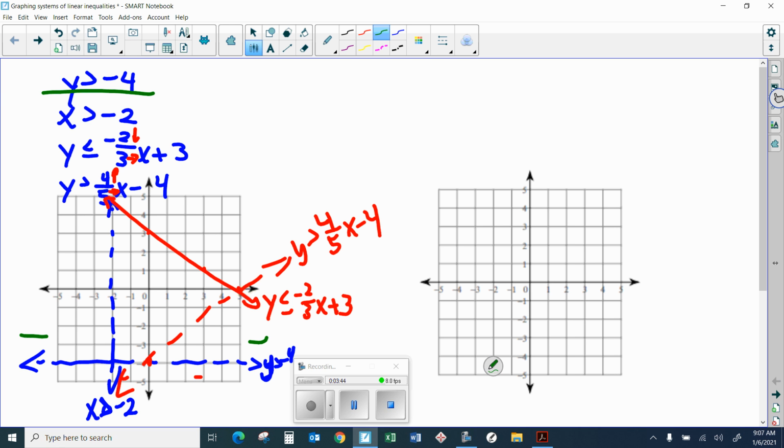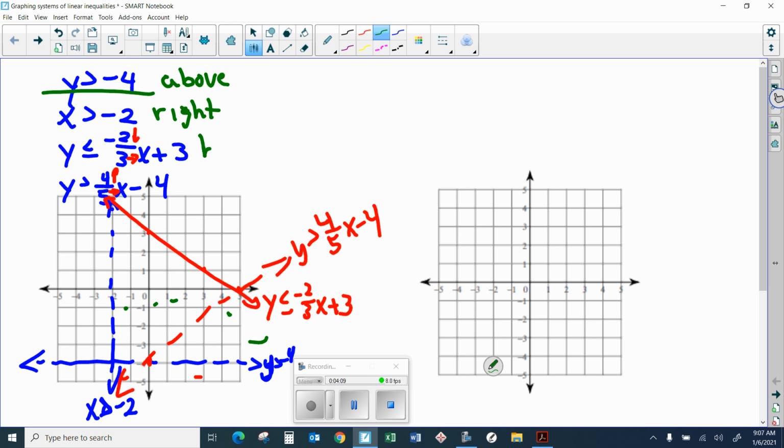It has to be to the right of -2, since it says x is greater than -2. So now it has to be over here, and it wipes out this side over here.